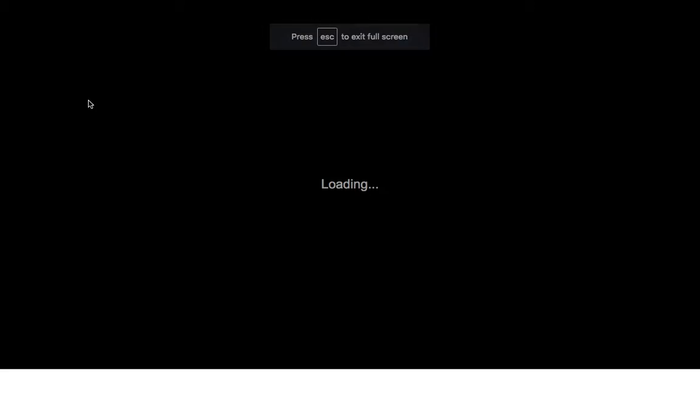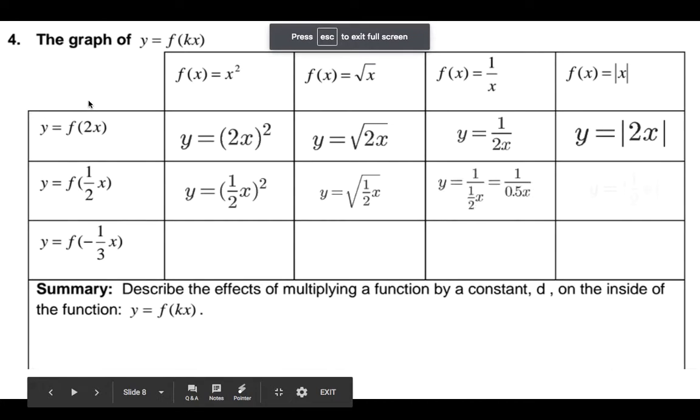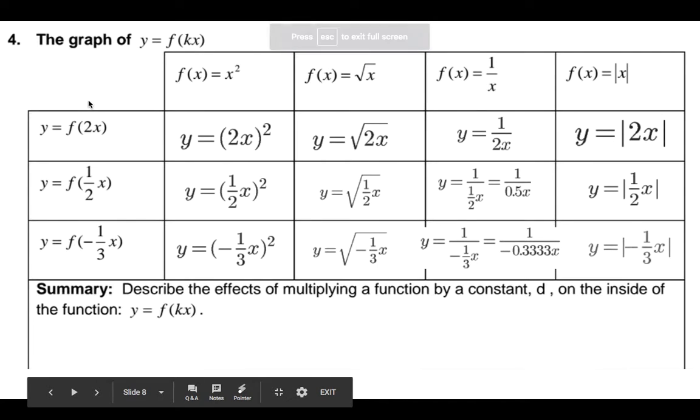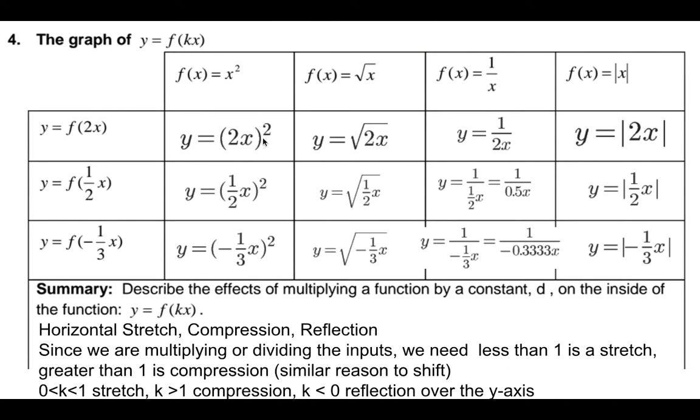And so what we say is, if you had something like up here where you got 2x, this is actually a horizontal compression. And what you do is you multiply all the x's by a half. This is a horizontal stretch. And what you do is multiply all the x's by 2. This is a horizontal stretch and a horizontal reflection.